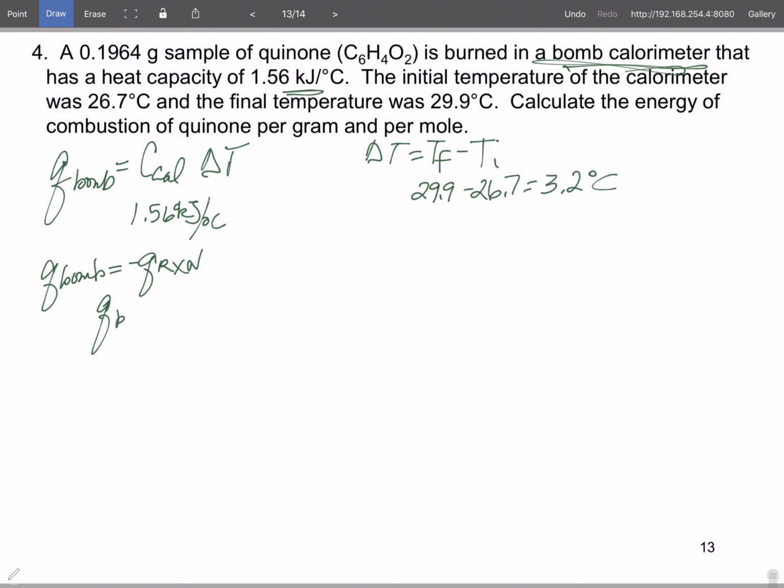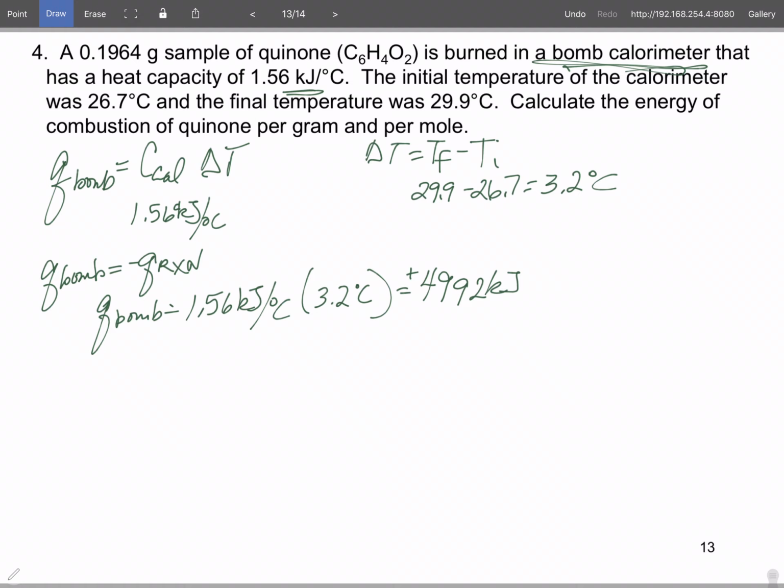So Q of the bomb is equal to 1.56 kilojoules per degree C times 3.2 degrees C, which means our bomb comes out equal to 4.992 kilojoules. And it's positive. But the bomb is absorbing whatever is given off.